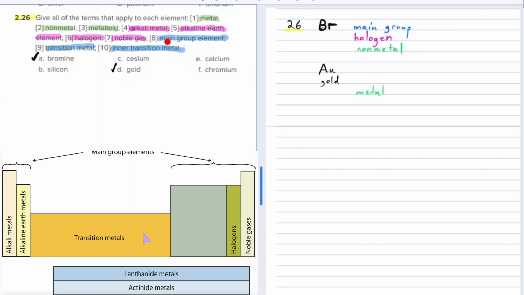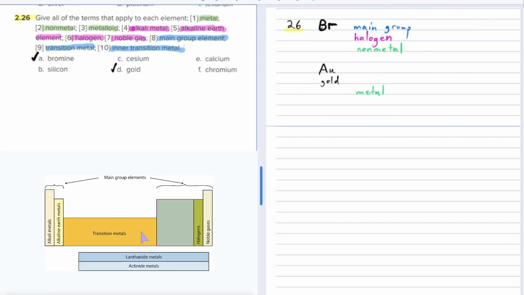But the last blue labels, it's either a main group element, a transition metal, or an inner transition metal. And here on this periodic table, you can see that the main group elements are the tall portions, this one over here and that one over there. And then the transition metals are these gold ones. That's where gold is.